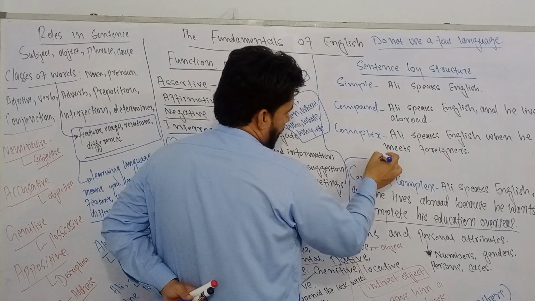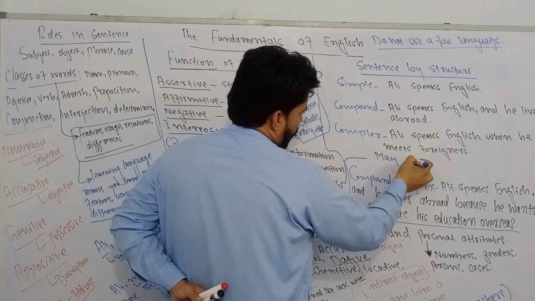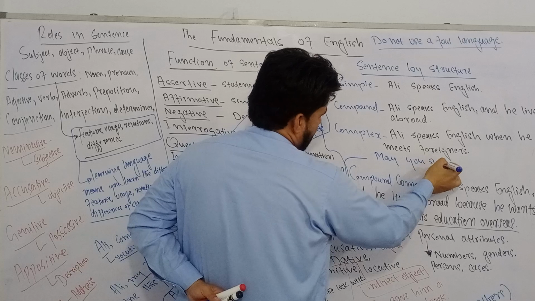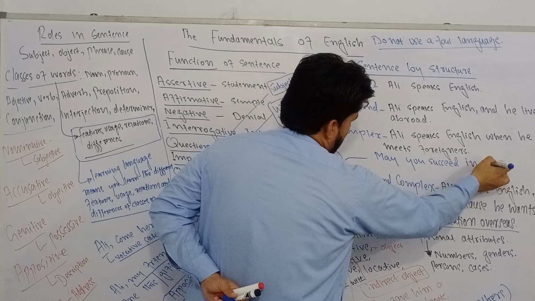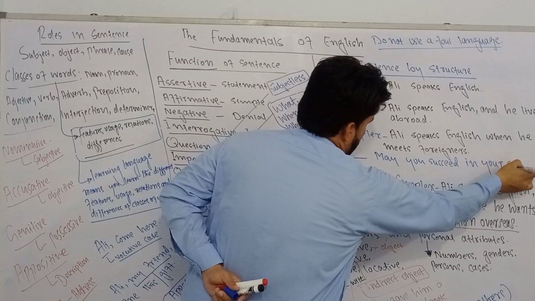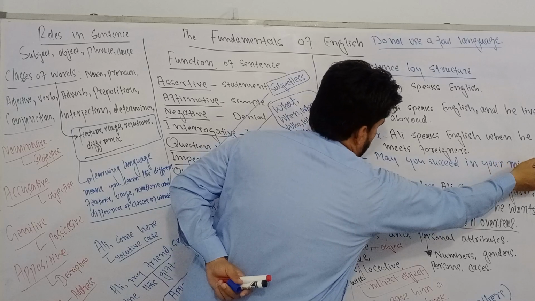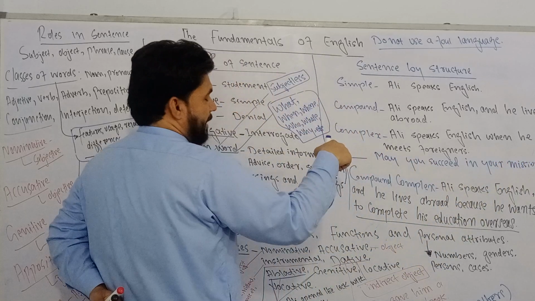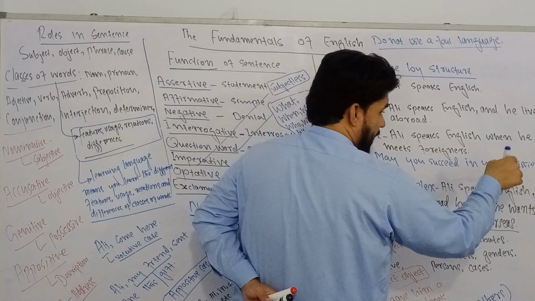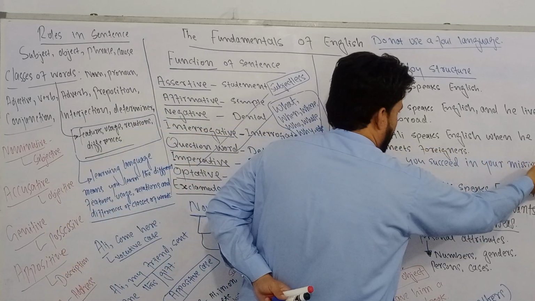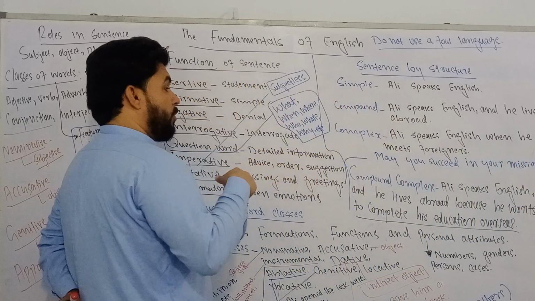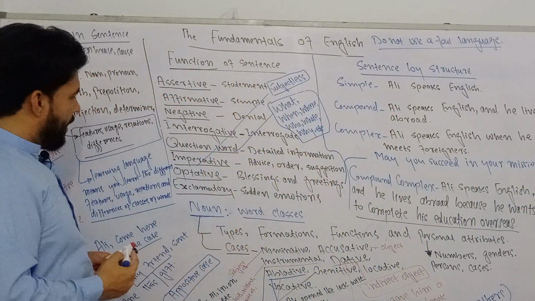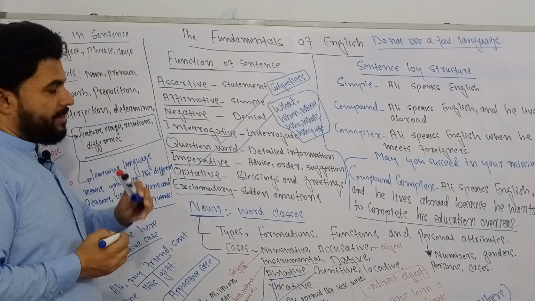If I say, may you succeed in your mission, right? Now this is one example of an optative sentence. And if I want, I can put over here an exclamation mark to show intense emotion, right?